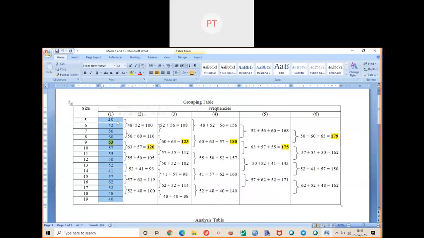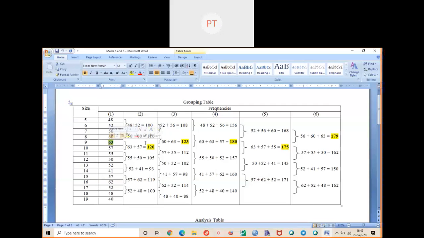As you can see here, these frequencies are marked with yellow color, to show the highest frequency. In this normal frequency, the highest is 63. So that has been marked. You can normally circle this frequency with a pencil.